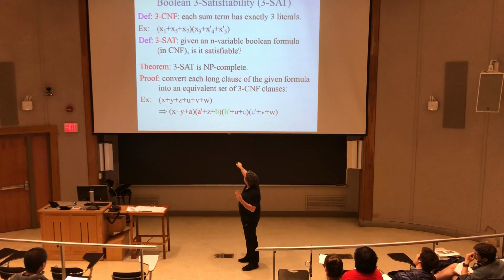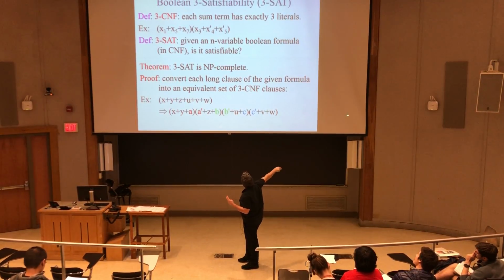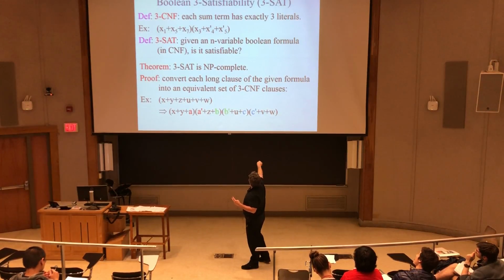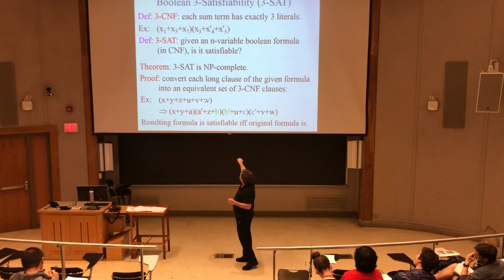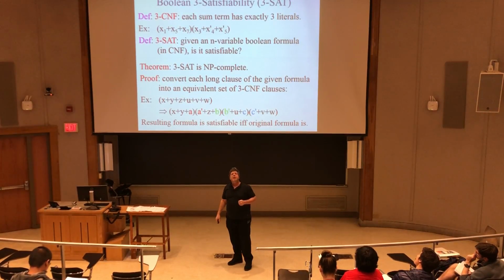So you'd say x plus y plus a, times a prime plus the next variable z plus b, times b prime plus the next variable u plus the next variable v here, and finally string out all the other variables when you run out. So the claim is this, that this big long clause is satisfiable if and only if this whole formula down here is satisfiable, made of only 3-variable clauses.